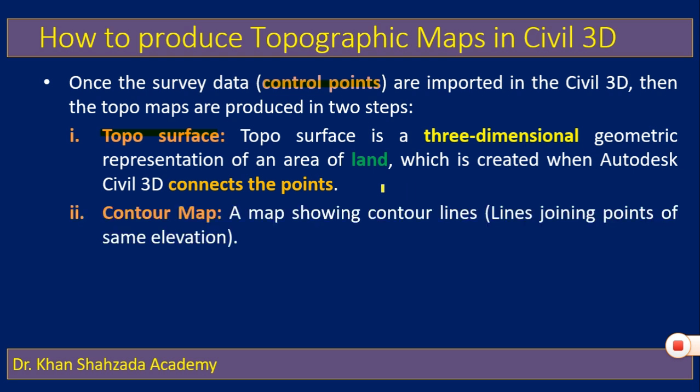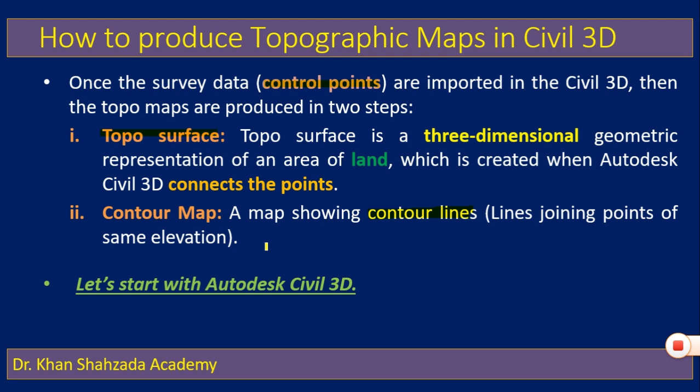And then the next step is the contour map, which is a map having contour lines, and all these lines join the points of the same or equal elevation. This means every contour line has a specific elevation.